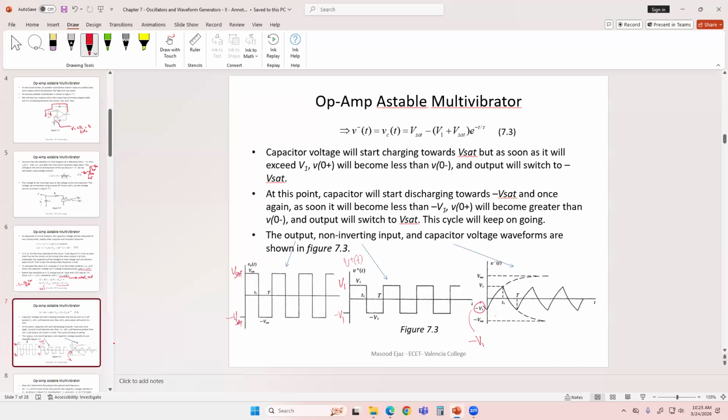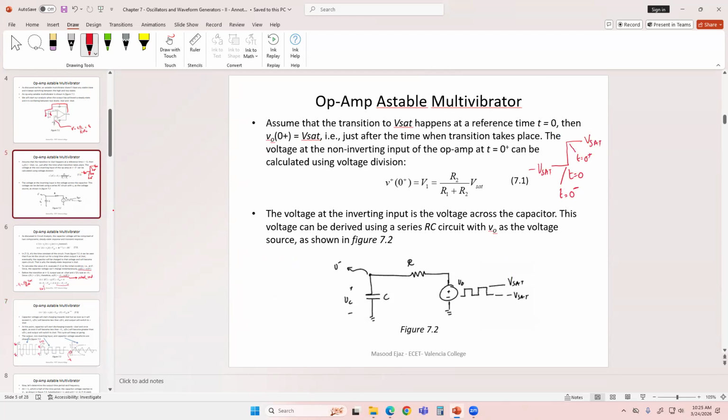The capacitor starts charging because the output goes from negative VSET to positive VSET, and the positive input goes from negative V1 to positive V1. So it starts charging, and if there is no hindrance, it's just going to charge all the way to VSET, as we discussed right over here. If we let it go, then it's just going to charge up to VSET.